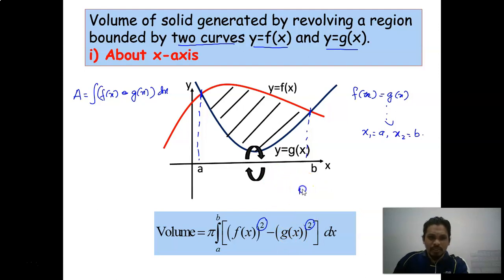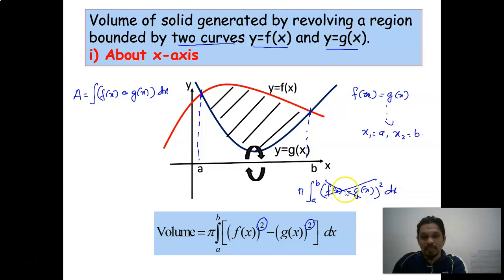Sometimes students come up with the integral from a until b of (f(x) minus g(x)) squared dx, which is totally wrong. So please be careful to square each function one by one.